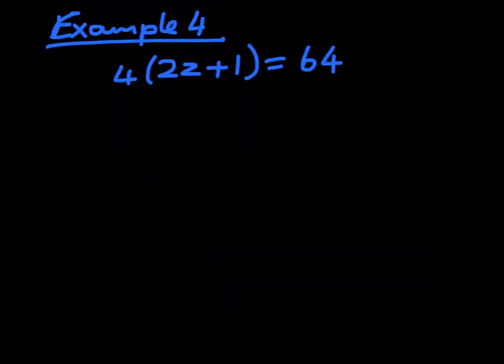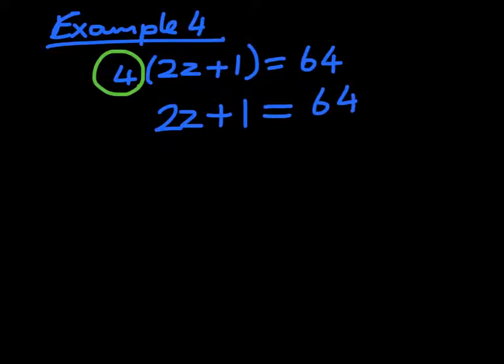So if we look at example 3 again, instead of multiplying out the brackets as we did before, we have the choice of dividing across by this 4 first. Because this 4 is multiplied by everything on the left hand side, the inverse of that would be to divide by 4 on the right hand side. So we can do 2z plus 1 is equal to 64 divided by 4. So 2z plus 1 is equal to 16.